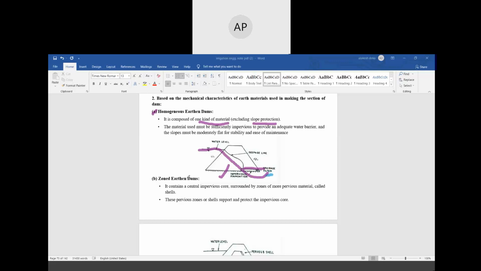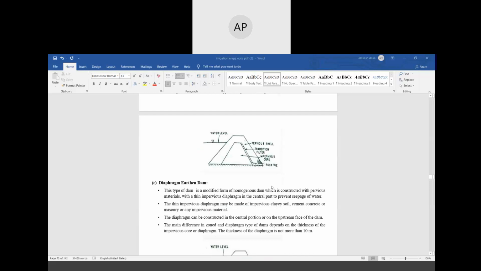Zoned earthen dams. It consists of a central impervious core surrounded by zones of more pervious material called shells. These pervious zones or shells support and protect the impervious core.